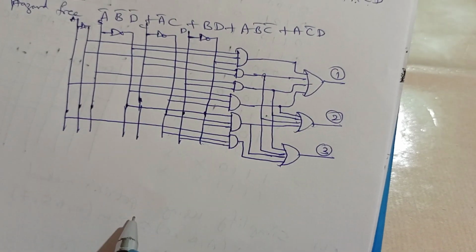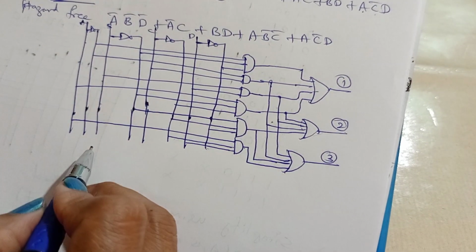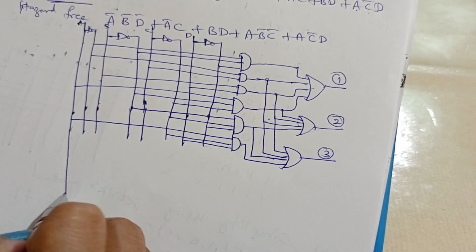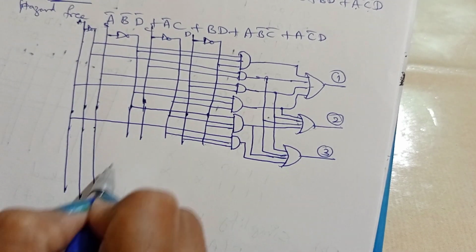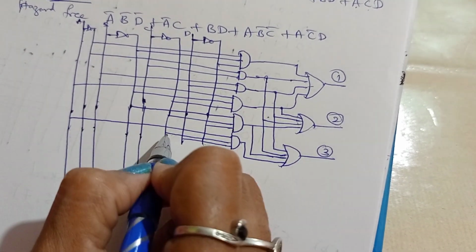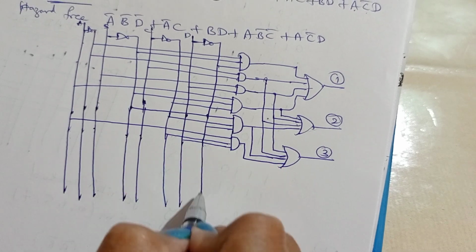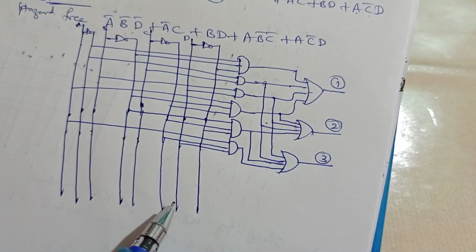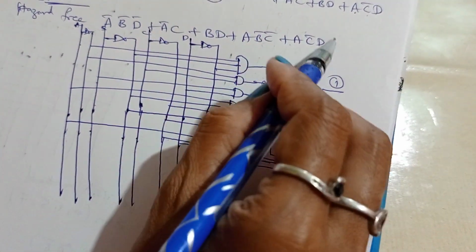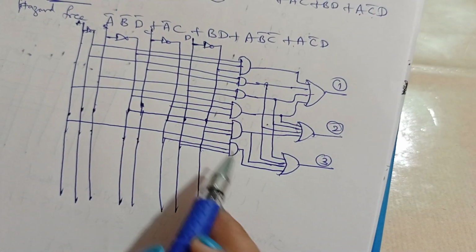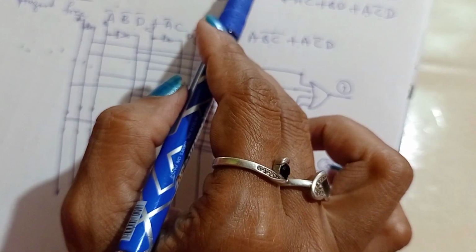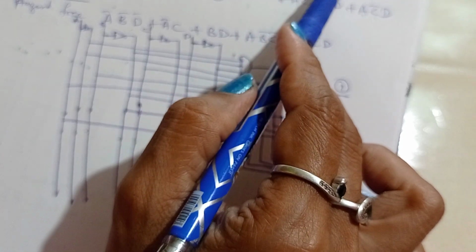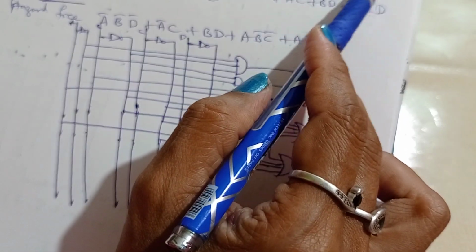Now how to eliminate the hazard, that is hazard free circuit. That is the same circuit. Take the connections. Or you can draw separately. All these four terms are including one more. That means first expression A bar, B bar, D, A bar, C, B, D, A, B bar, C bar.